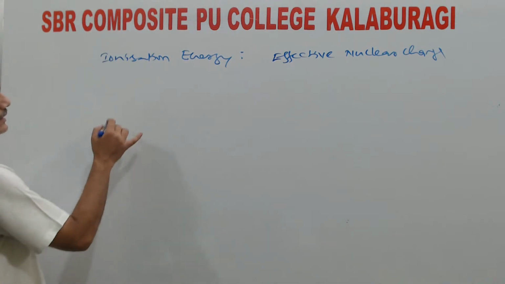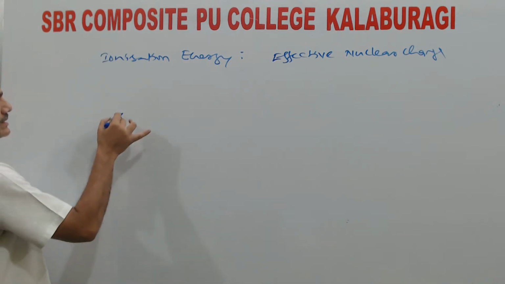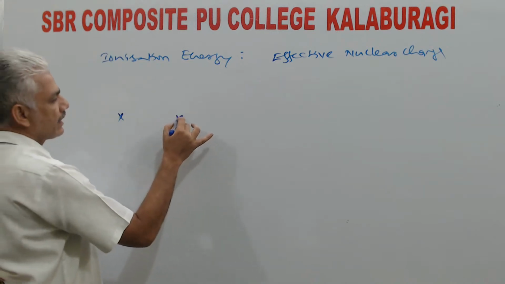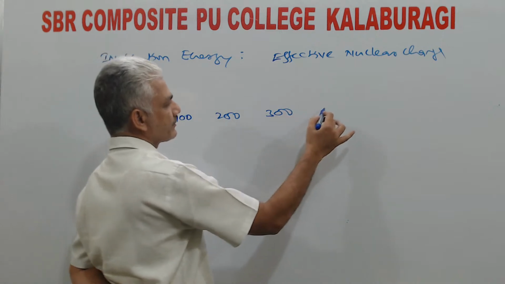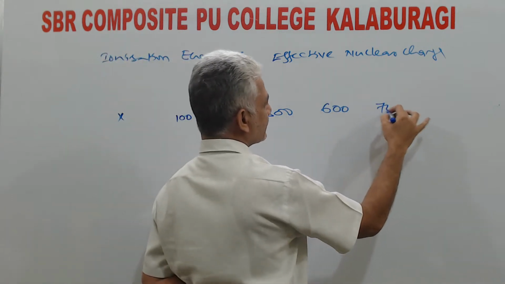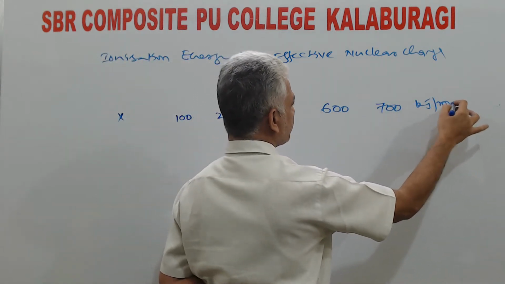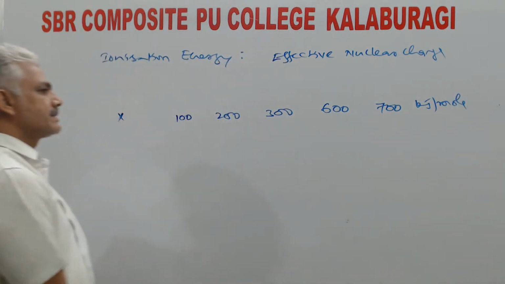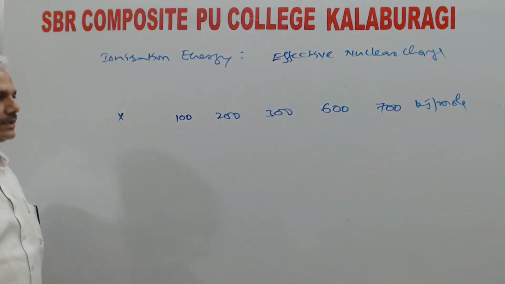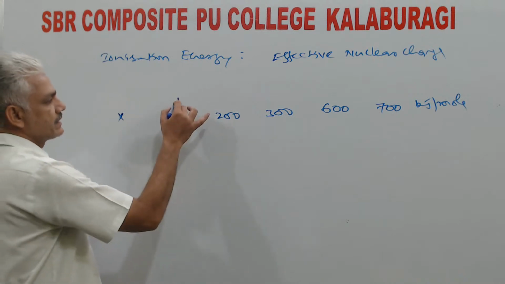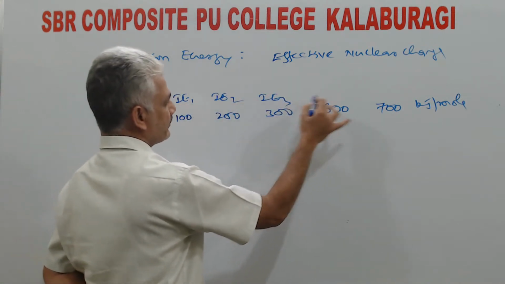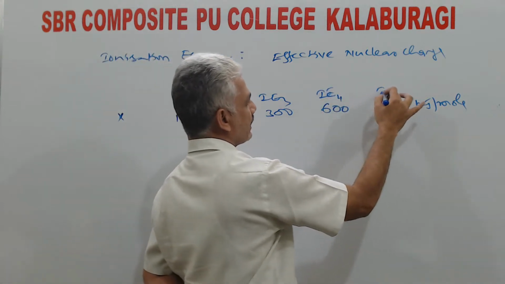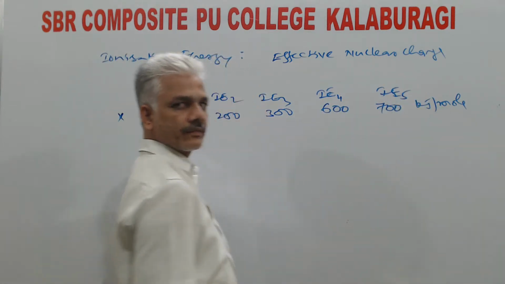Say for example, some unknown element X has 100, 200, 300, 600, 700 kilojoules per mole of successive ionization energy levels. Successive in the sense, say this is IE1, IE2, IE3, IE4, IE5.